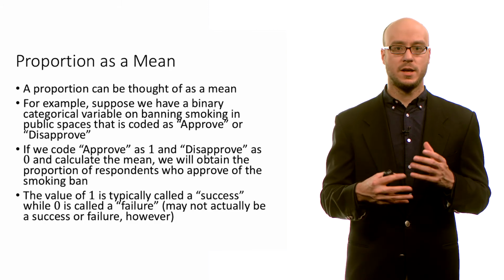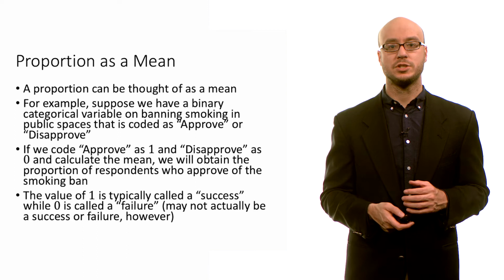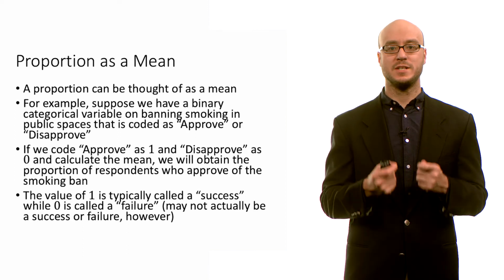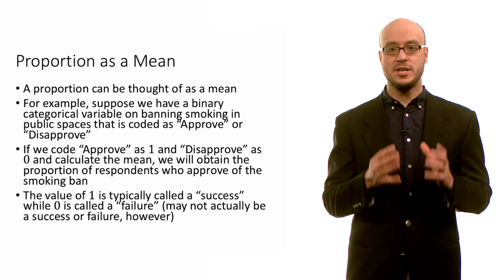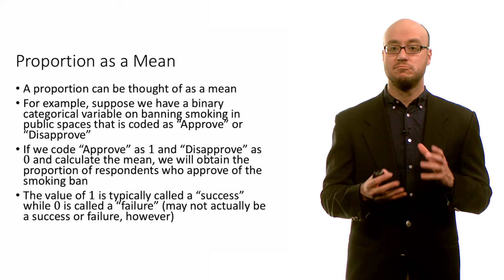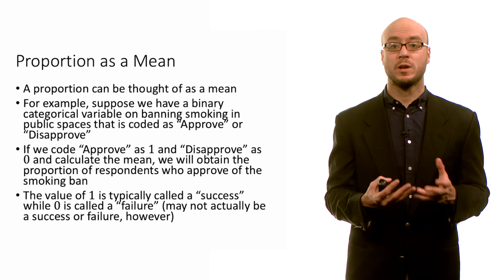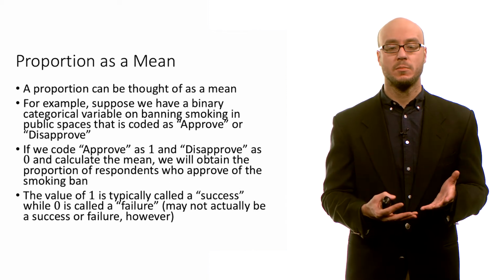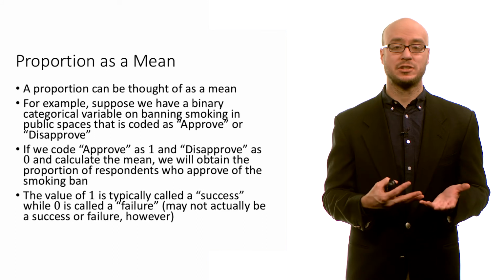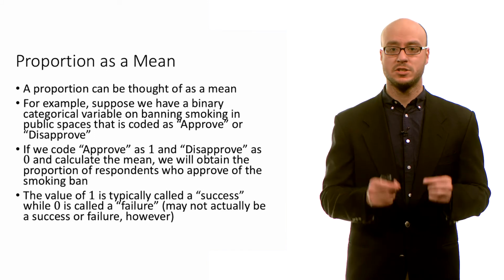In this sort of convention, or this sort of terminology, the value of 1 we typically refer to as a success, and we typically call 0 a failure. Now, these are in quotes because it may not actually be a real-world failure. You might code something as a failure, but in your view, it might actually be a success. So just to be clear, by convention, 1 is a success, 0 is a failure.